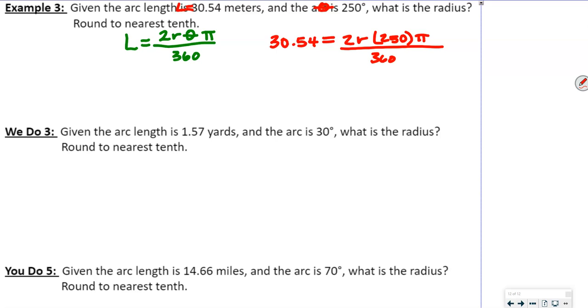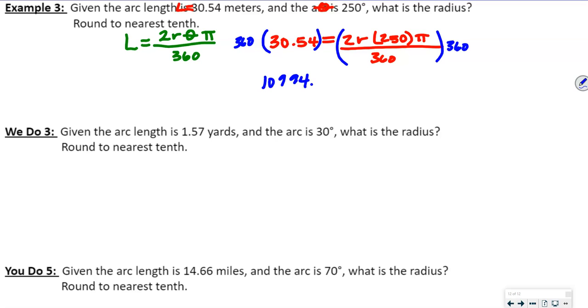So we're going to get rid of that 360 the same way we have been. We're going to multiply both sides by 360, okay? So when we do that, I got 10994.4 equals, and remember that's canceling that out, right? So now 2 times 250 is 500 r pi.